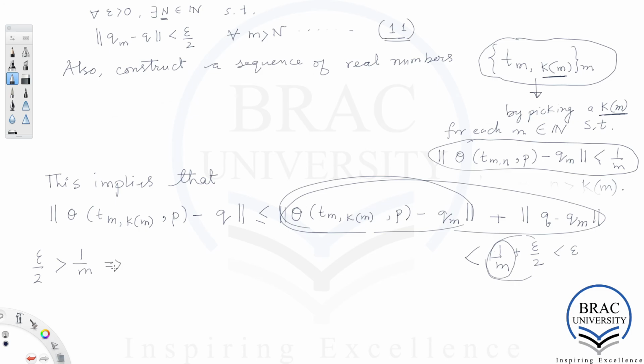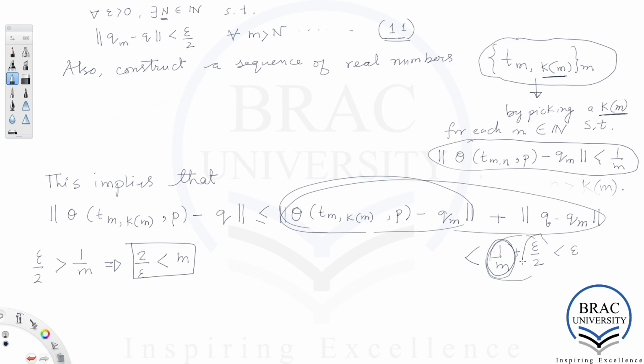In other words, we want 2 over epsilon to be smaller than m. This one is already epsilon over 2, so the whole thing would be smaller than epsilon.